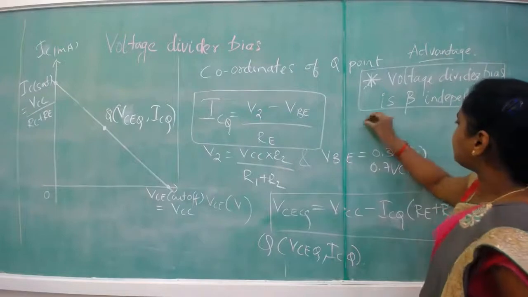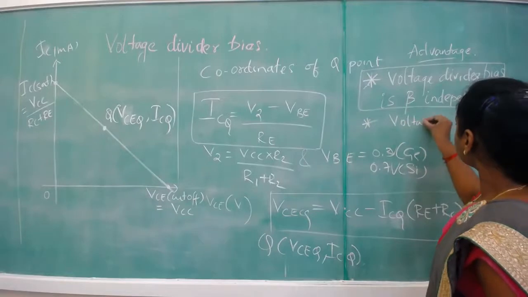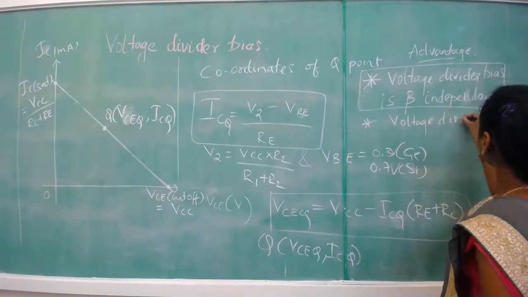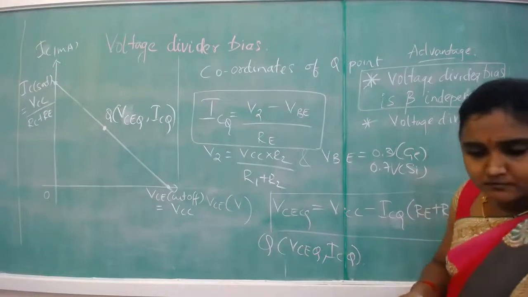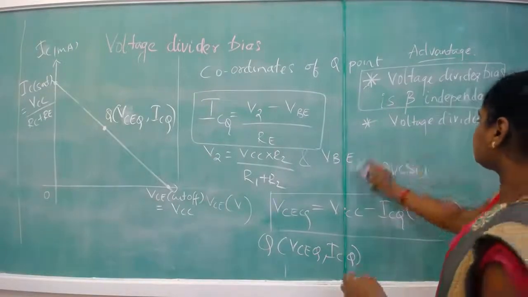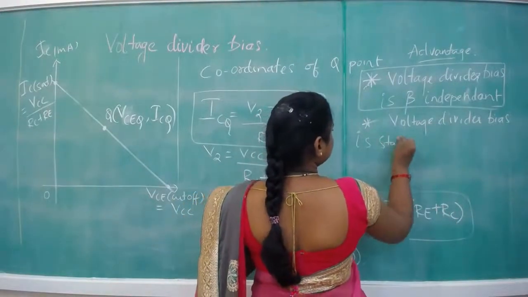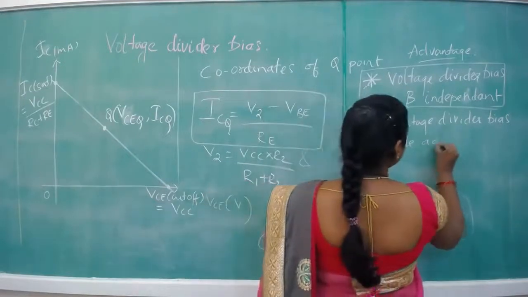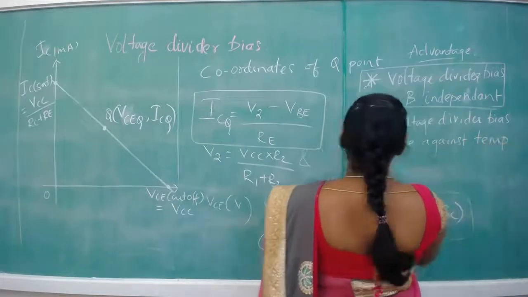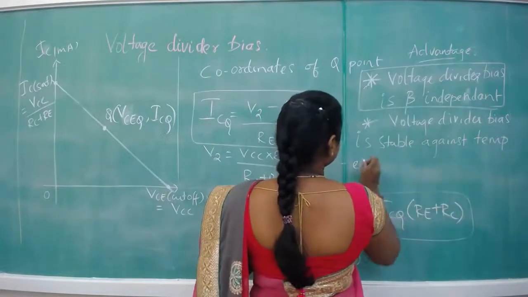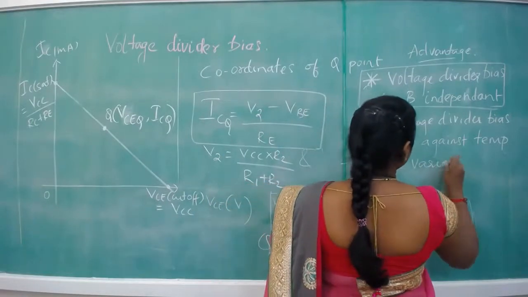As we are discussing the advantages, I will quickly write another advantage: voltage divider bias is stable against temperature variations.